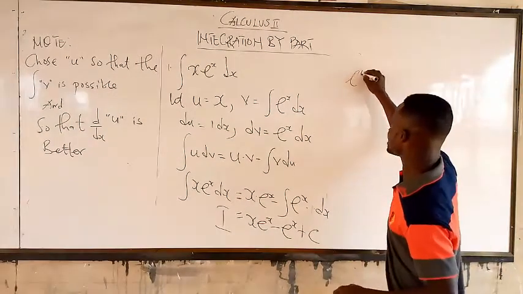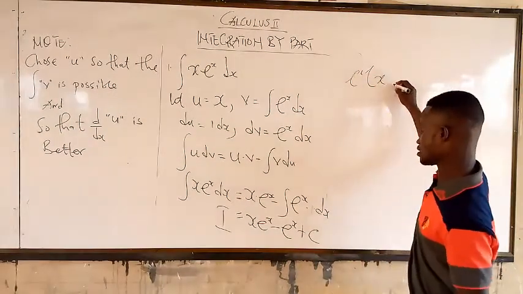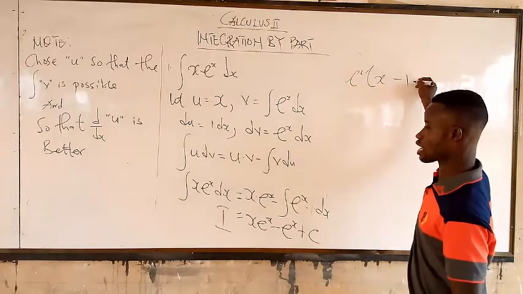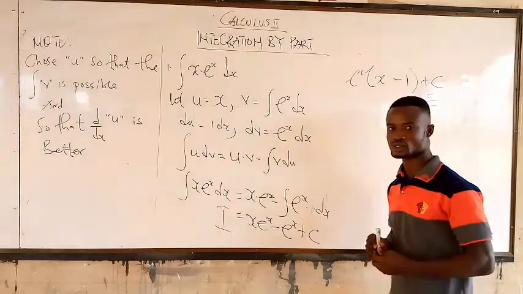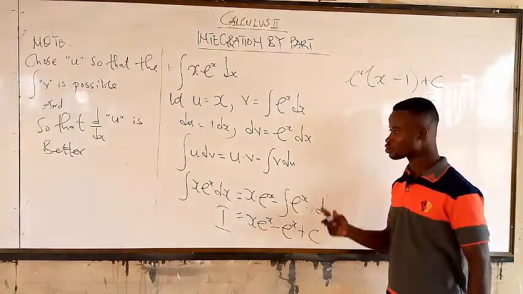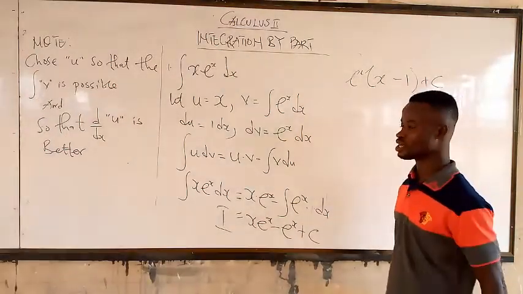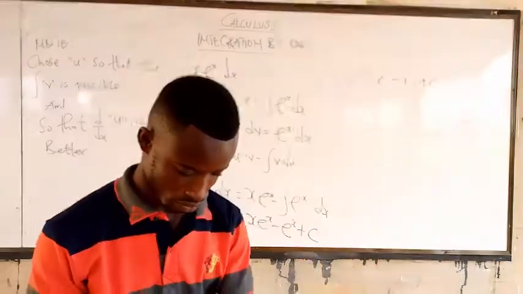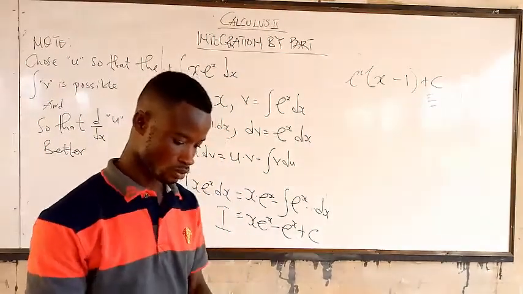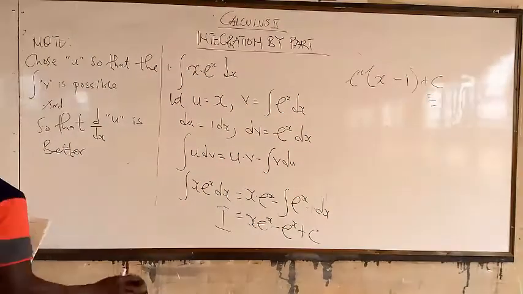We can factor e raised to the power x, then we get x minus 1 plus c, and that is all. I hope it's clear. Let's look at our second example, and I will generalize something for you later on. Let's look at this question.